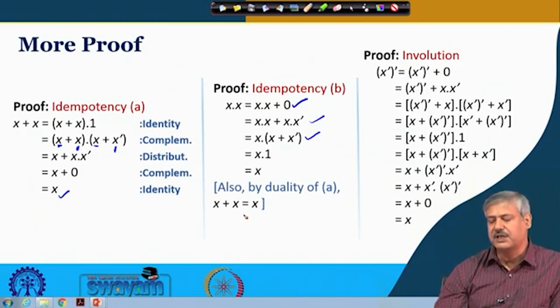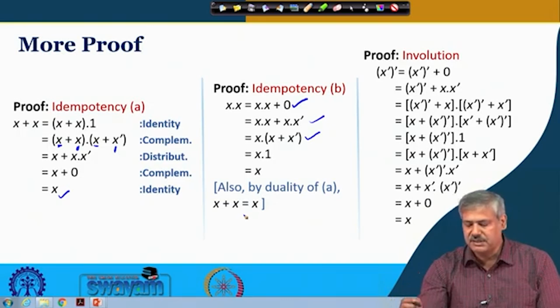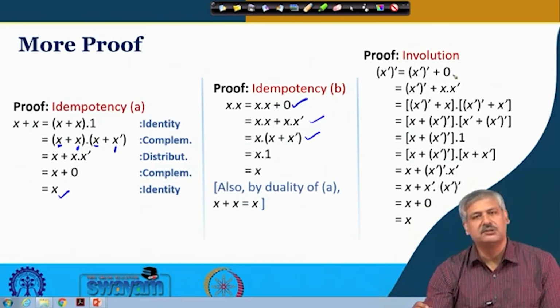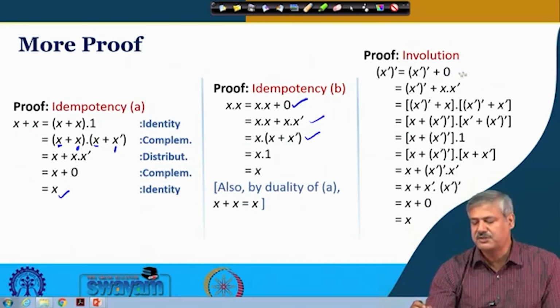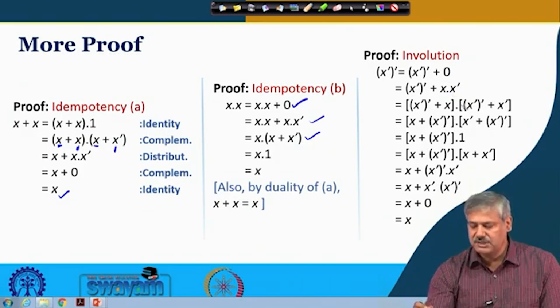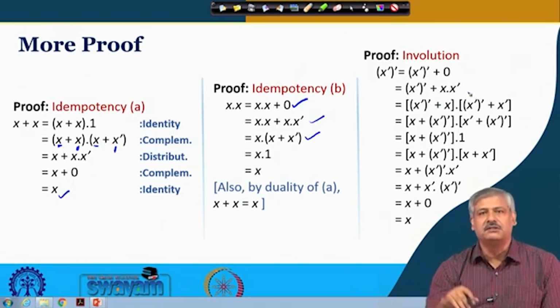Yeah. So similarly, you can look at the involution, the proof of involution, that is double prime is the function itself. Okay. So in this case, again you start with the plus 0, that is identity element, identity postulate. So complement, that is 0, can be written as x prime. Okay. So now this is the distributive law in the other direction.